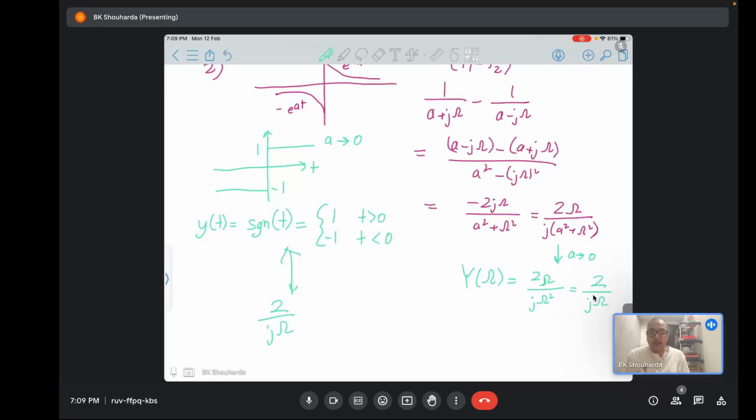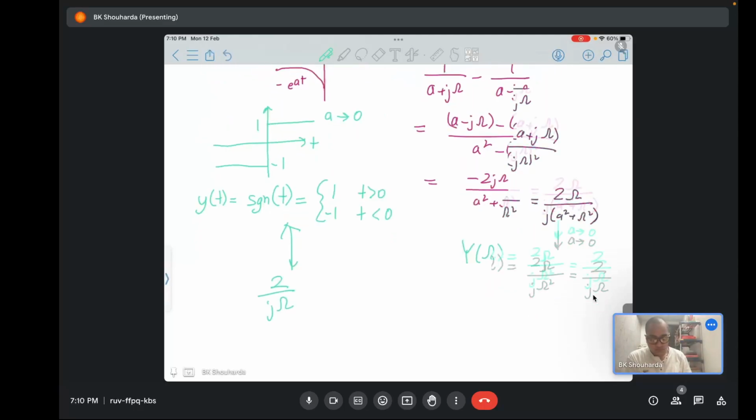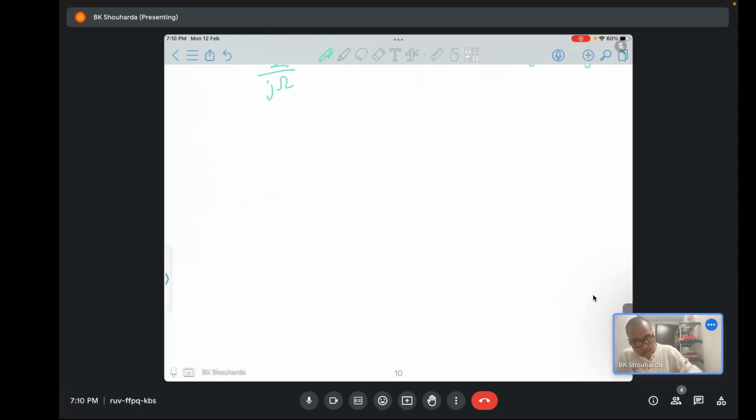This is also a very important signal which you will be encountering in your practice questions as well as in exams. And in fact, if you have to find the Fourier transform of the unit step signal u of t, it's not easy to find.